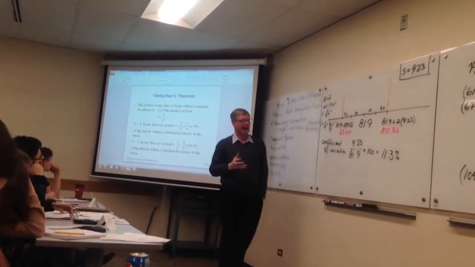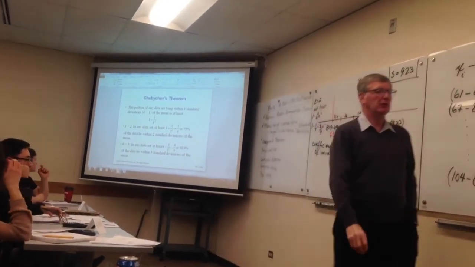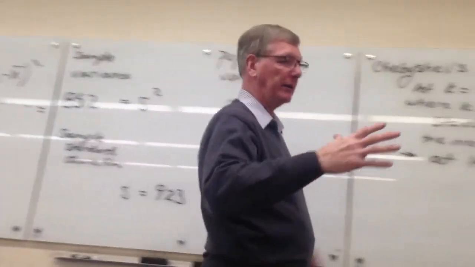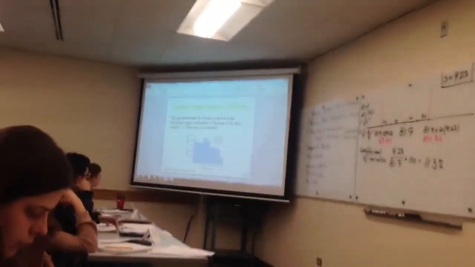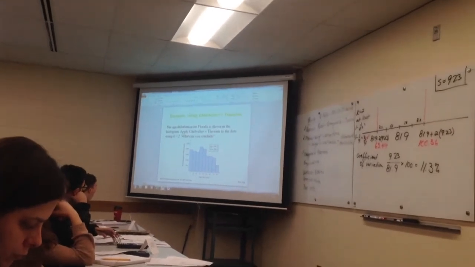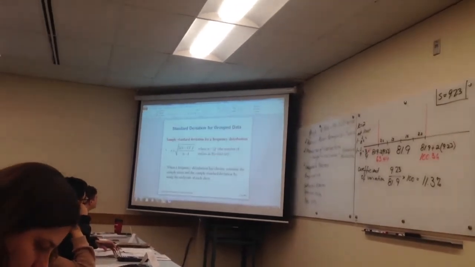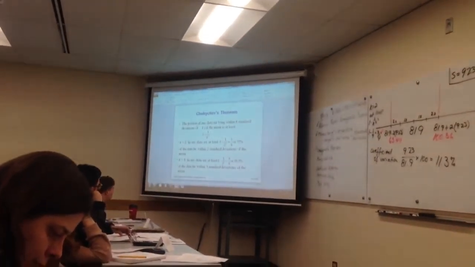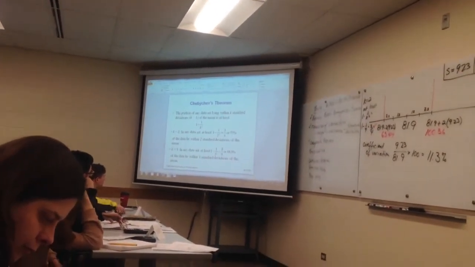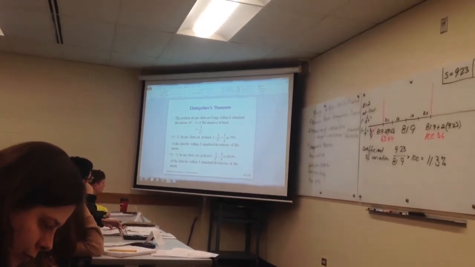And what's kind of magic about his theorem is that it doesn't matter what the original spread or distribution of the data looks like. It could look very nice, it could look almost uniform, it could look good, bad, or indifferent. It works for any data.